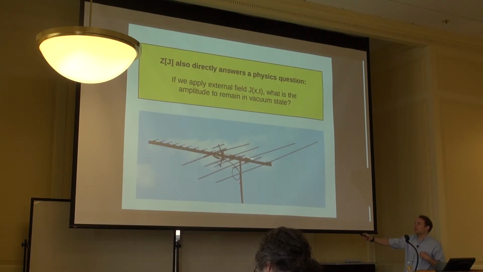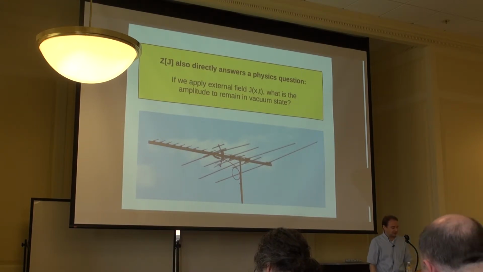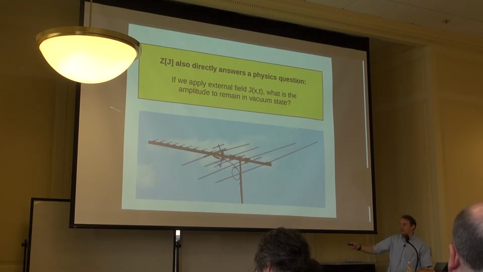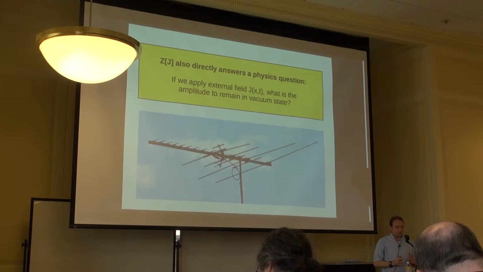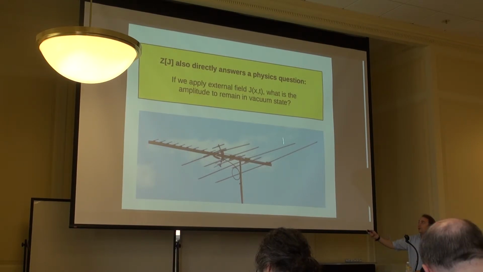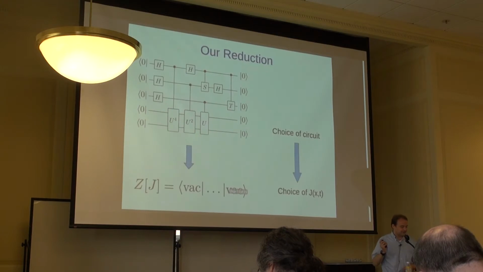You make some perturbation in the background space by applying some field, which in this case is sinusoidally varying in space and also in time. And then what's the probability that particles are produced by this? It's not a perfect example because here we're producing photons, which are massless. In the cases that we'll be thinking about there will be massive particles, but it's a fairly reasonable analogy for what we're calculating here.